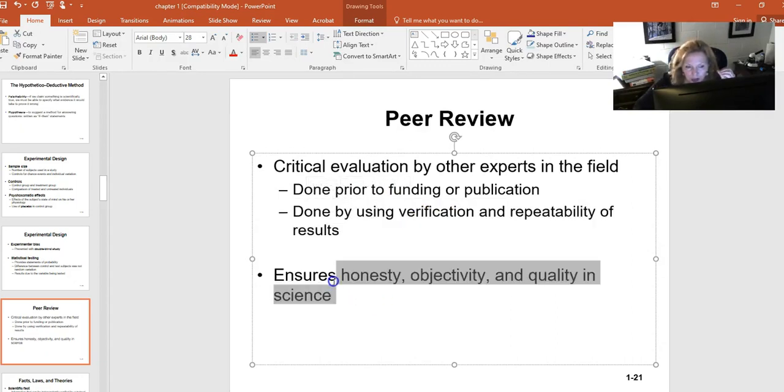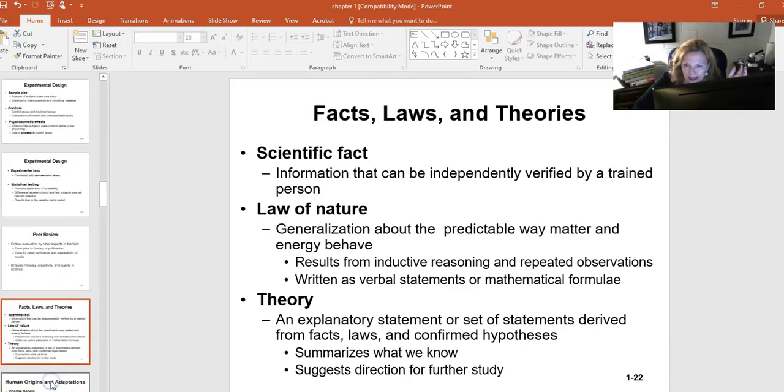So this ensures the honesty, the objectivity, and the quality. What it really ensures is the confidence in that statement, that scientific theory. It's ensuring the confidence, especially since we know that it all continues to get tested in science. If there's any scientist who is going to take a stance that they can't continue to learn, then they're not a true scientist, because the learning is ongoing.